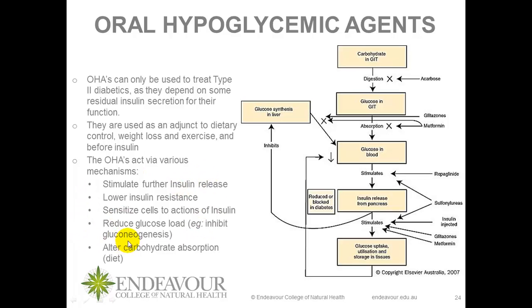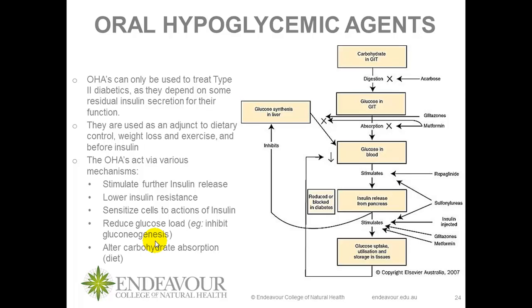They might sensitize cells to the actions of insulin, so they thereby reduce the glucose load. They might also inhibit gluconeogenesis that would put even more glucose back out into the blood. Some of these oral hypoglycemic agents also have an effect on levels of carbohydrate that are absorbed from the diet.